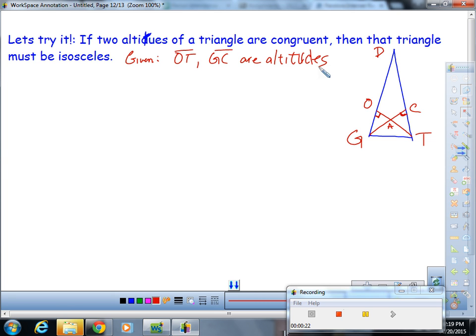If two altitudes of a triangle are congruent, well, we also have to say that OT is congruent to GC. Okay? What are we trying to prove? We're trying to prove that it's isosceles. So we're trying to prove that DGT is isosceles. All right, we're ready to go.